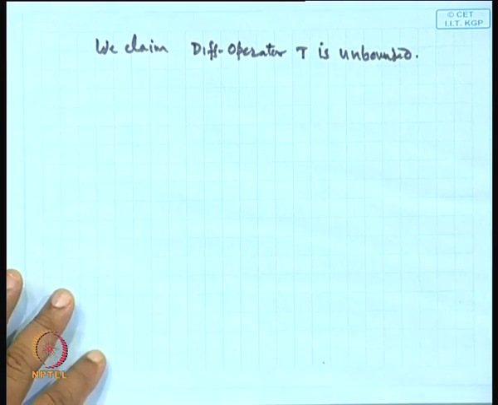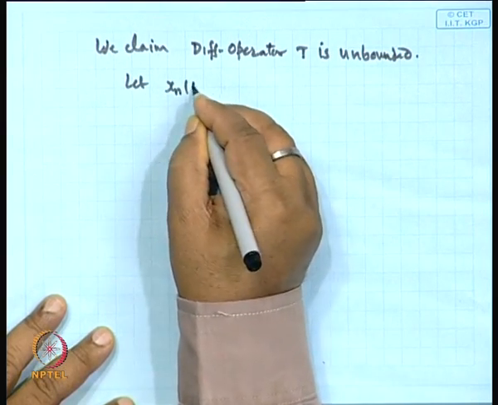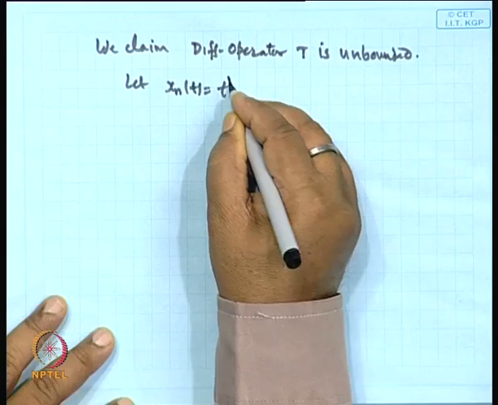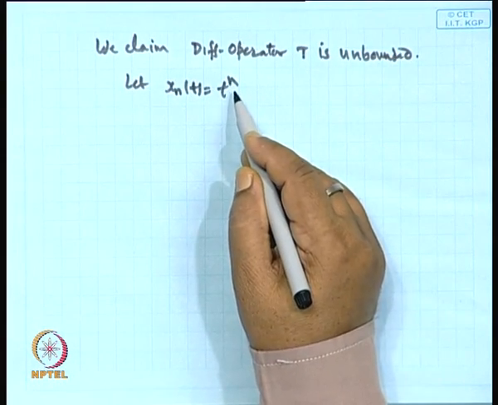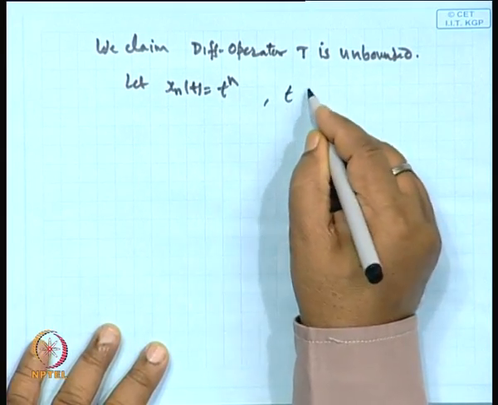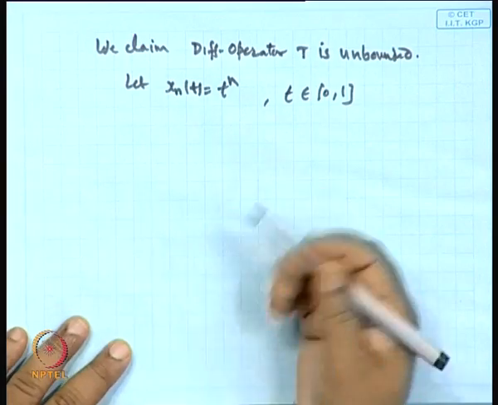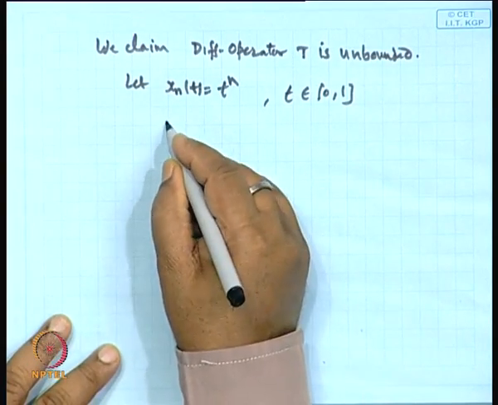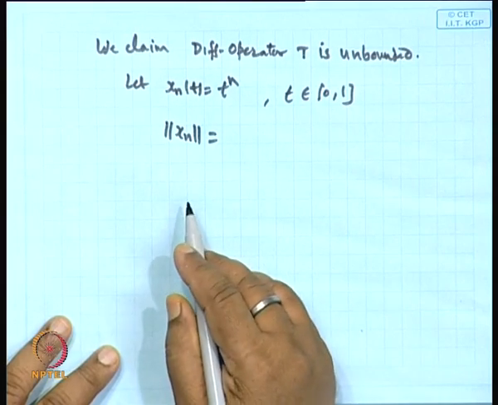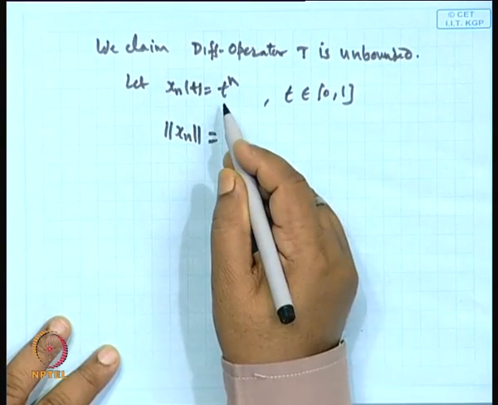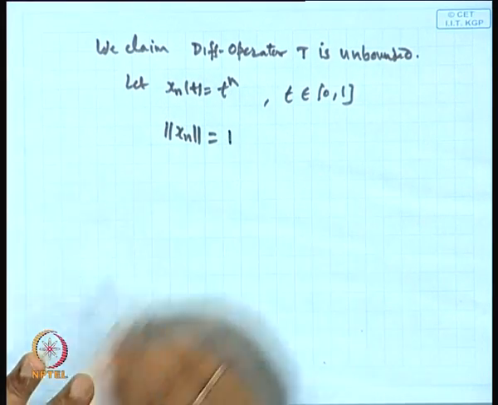Let us see, for example, suppose I take a sequence of polynomial functions x_n(t) as t to the power n, where t belongs to the interval 0 to 1. This is a polynomial, so it belongs to the class, and find the norm of x_n. By definition, the norm of x_n will be equal to 1 because the maximum value is taken. So, the norm of this is 1, fine.